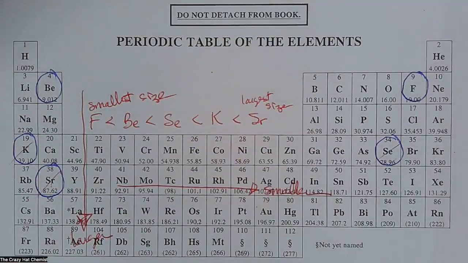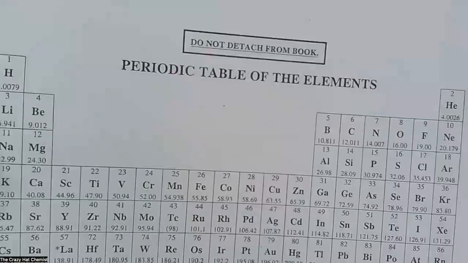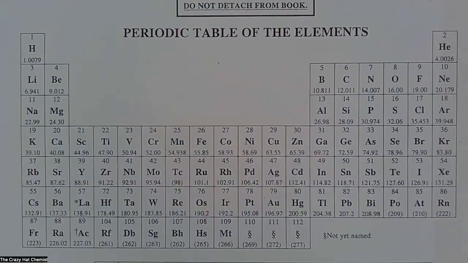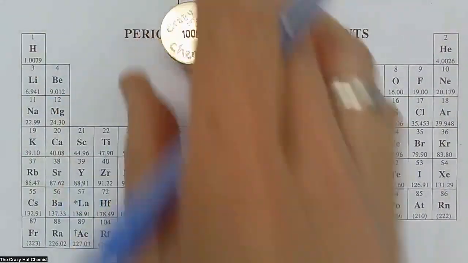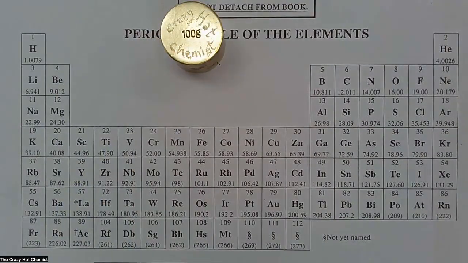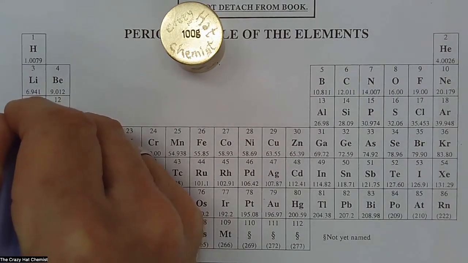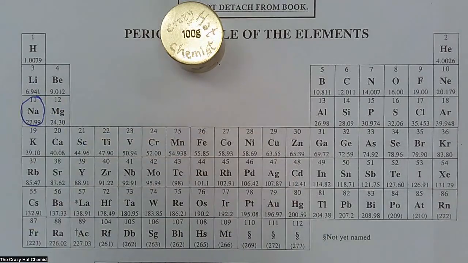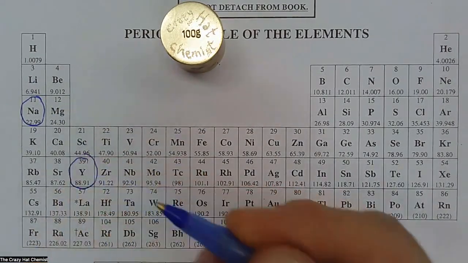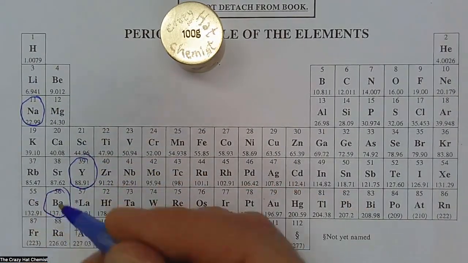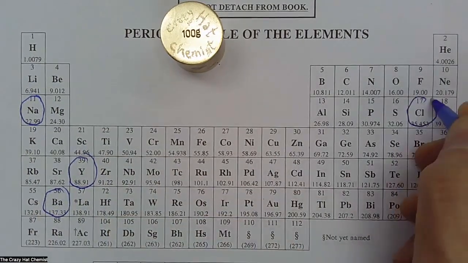So we're going to pull out another periodic table. Got to do that, of course. We're going to write out where these elements are on the periodic table. We have sodium, yttrium, barium, and chlorine.